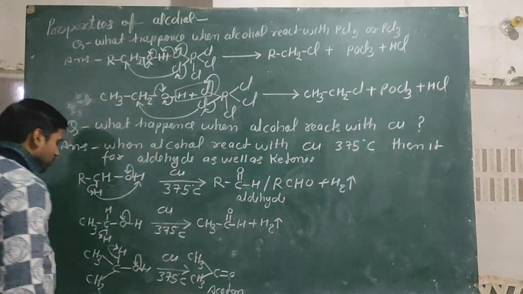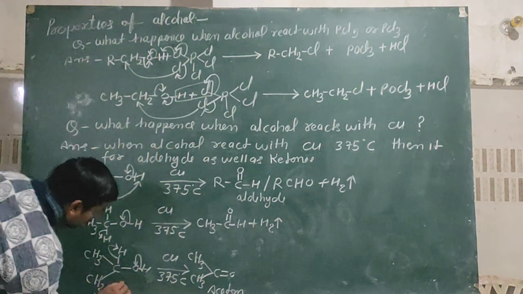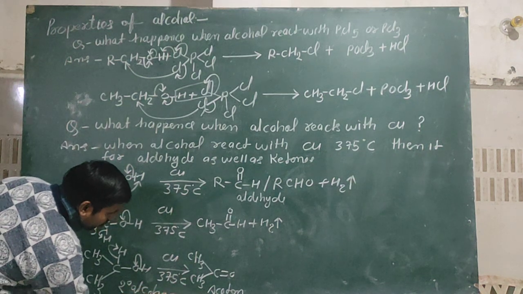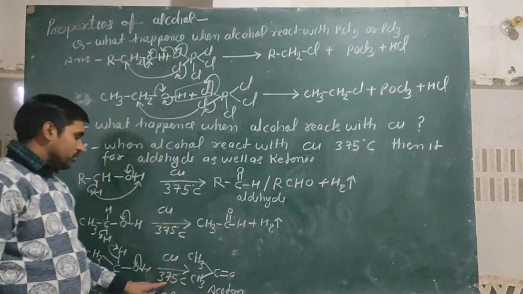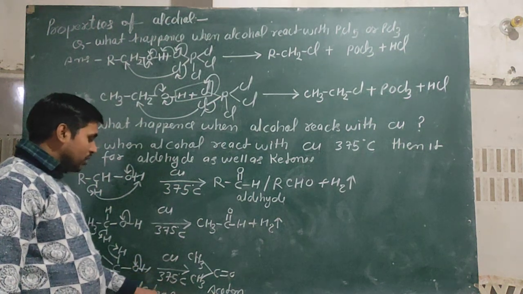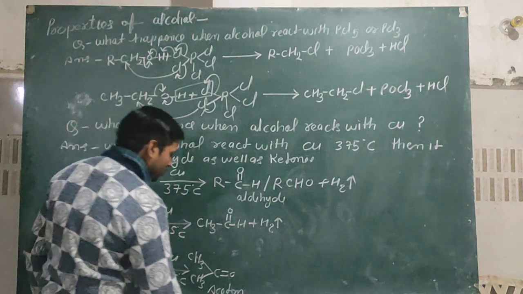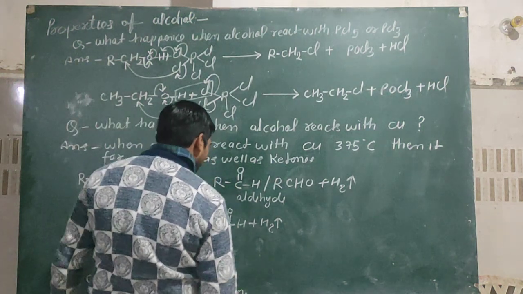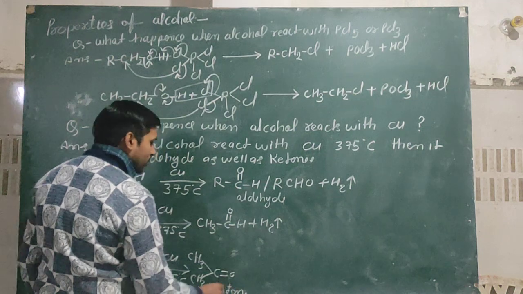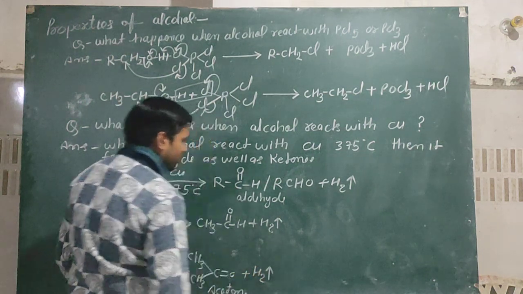Isopropyl alcohol, a 2 degree alcohol, when reacting with copper at 375 degrees centigrade, changes into acetone, and after formation of acetone, formation of H2 gas takes place.